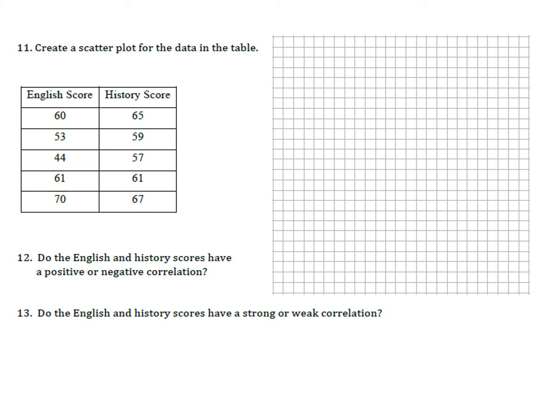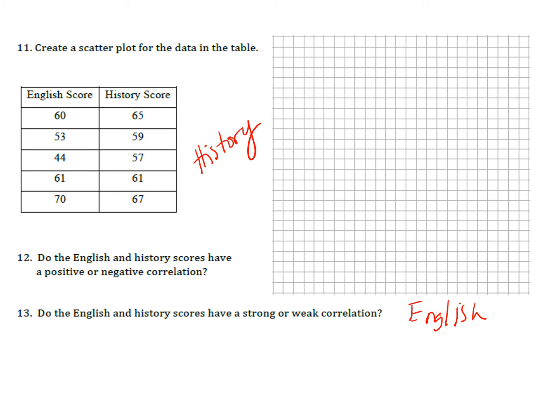Okay, so I'm assuming that you have now pressed play again and you're ready to look at these together. So when I look at this table, I notice English score is on the left and history score is on the right. I don't really think one depends on the other, but since English was on the left, I used English for the x-axis, and I used history on the y-axis.